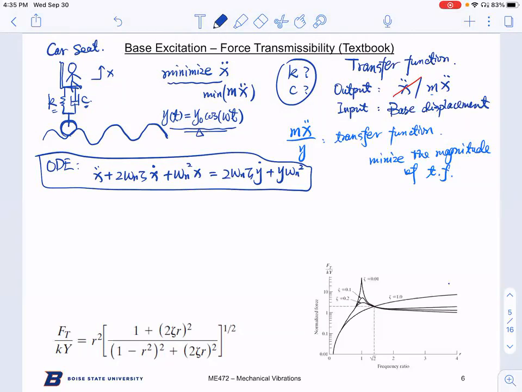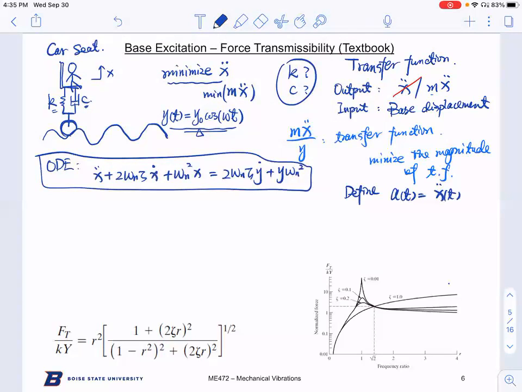Most of the students actually got confused about this m x double dot in the transfer function. Let's define a(t) equals x double dot(t). We use another symbol to define your acceleration, so then we can avoid confusion.